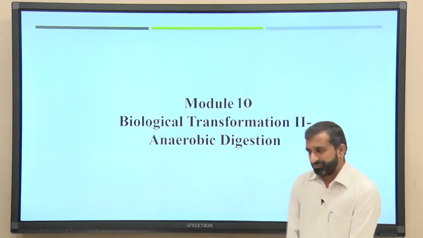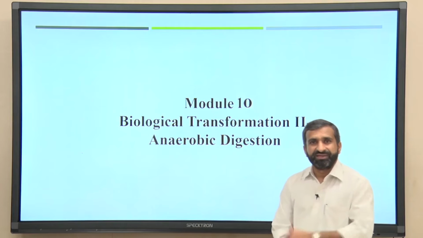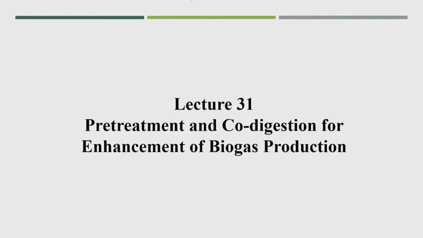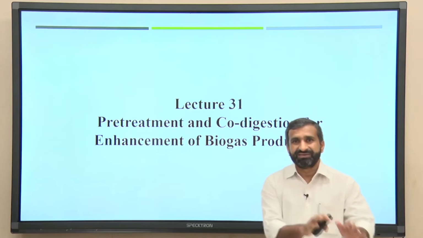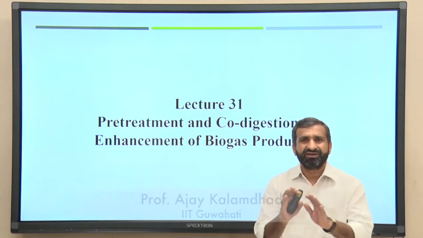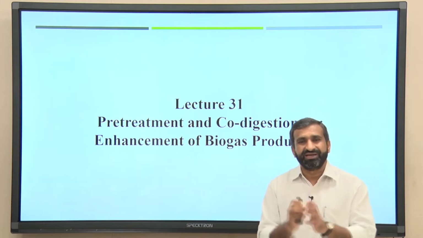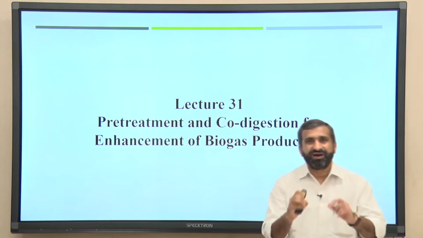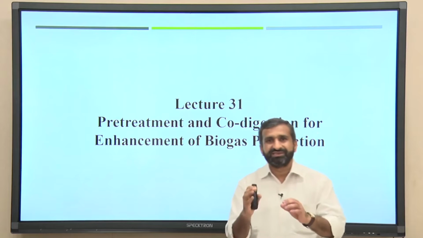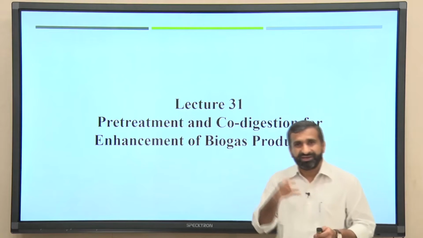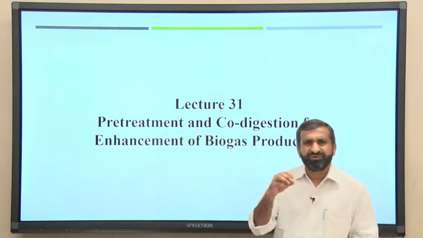Hello students. We are continuing the lecture on anaerobic digestion, and today we will talk about pretreatment and co-digestion. In the previous lecture I shared that there are 4 major stages in the anaerobic digestion process, starting from hydrolysis, acidogenesis and finally methanogenesis.